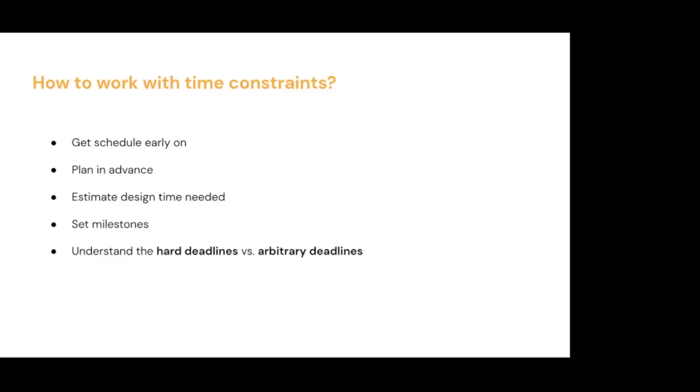So figure out what your personal tasks are versus anything that you could be blocked on. Say you're relying on a UX researcher to give you some results. How much time does the UX researcher need? One day, one week? If the researcher needs 1 week, and then you have 1 week to design, and then you need to hand off to the engineering team, it's not a lot of time, right?